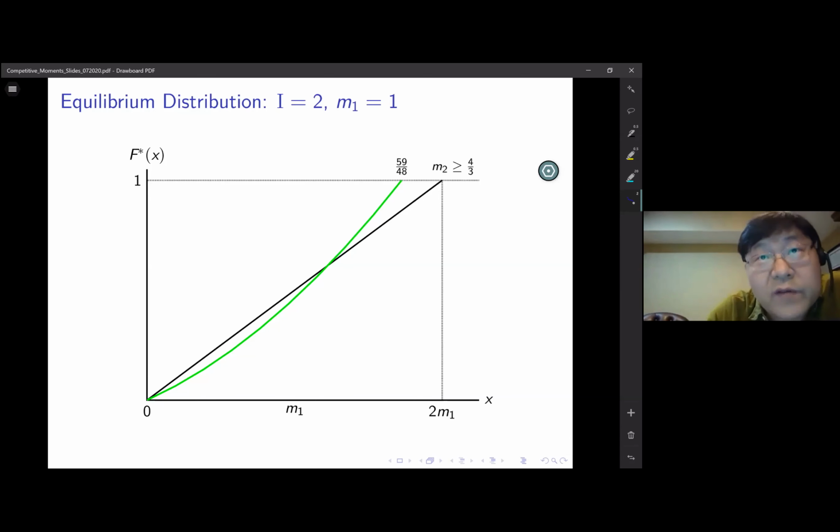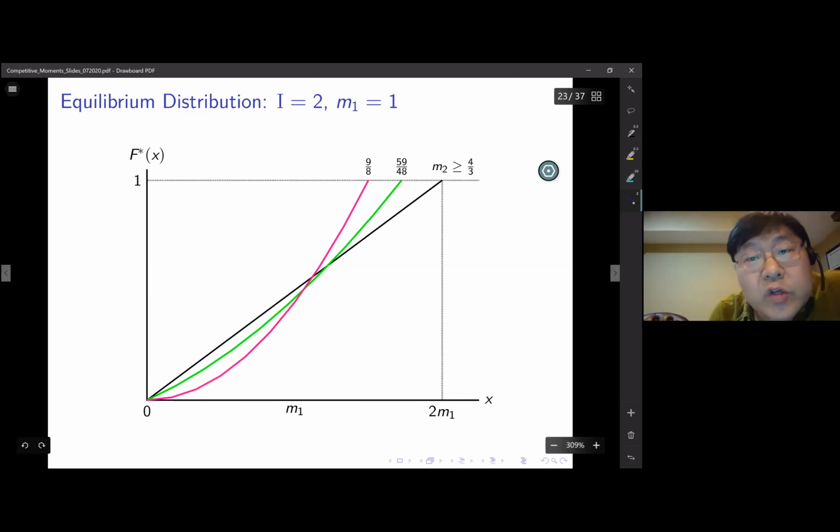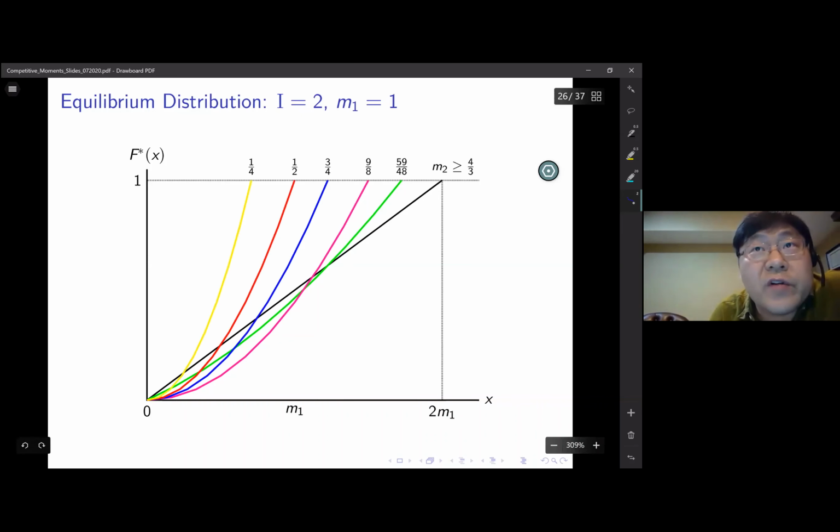Now we have a quadratic function, and this is the equilibrium distribution. But still, this quadratic function is very close to the linear function. If you keep decreasing M2, then the quadratic function becomes more clear, and it moves to the left.